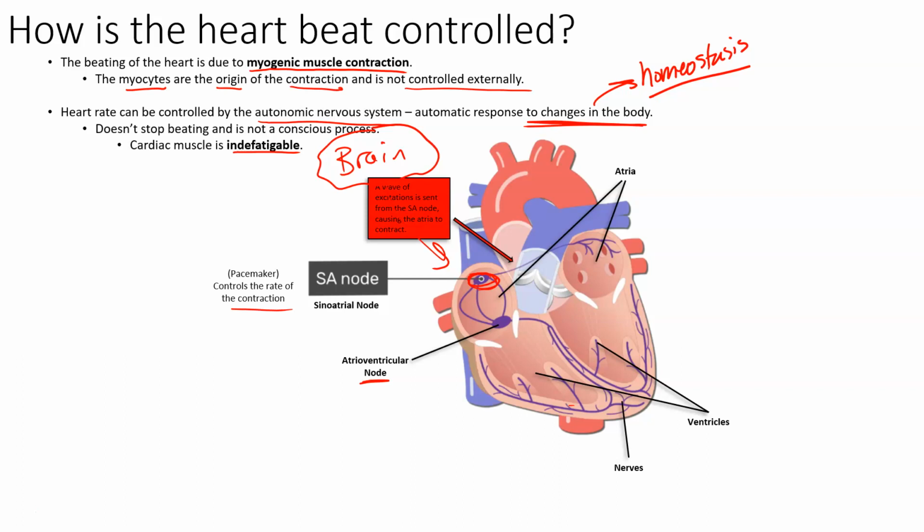So what happens is a wave of excitation is sent from this SA node to the atria and is going to cause the atria to contract first. That is the first part of any heartbeat. Just think about the speed at which these nerves are traveling, the route that they're taking, and the distance traveled, right?